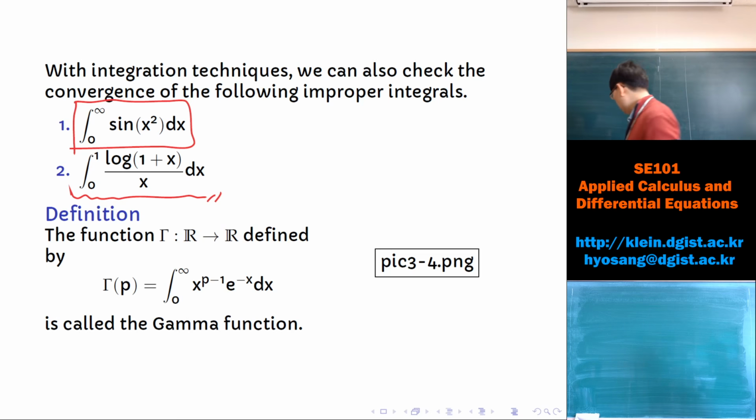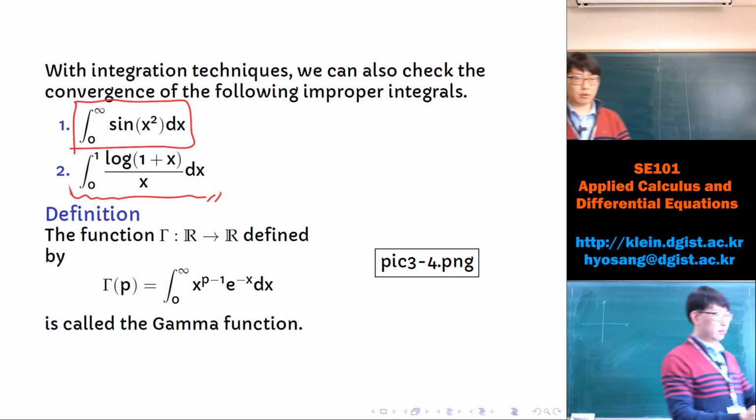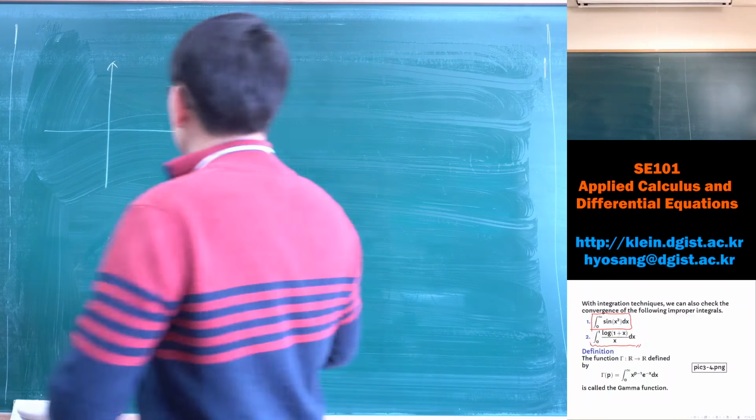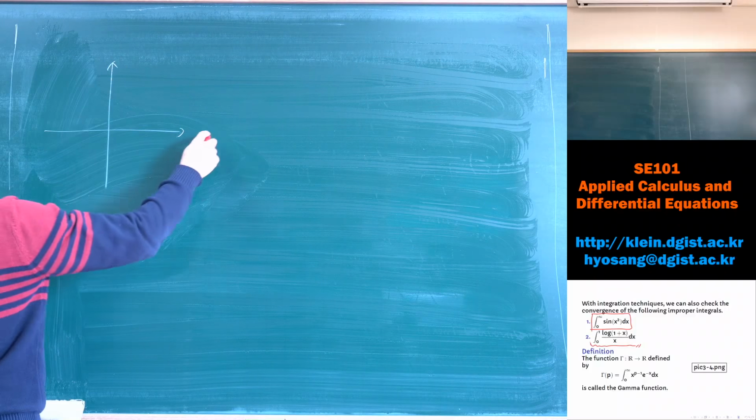So in the picture on the right, it's the graph of the gamma function. It has negative values too. Let me draw in here. This is p.